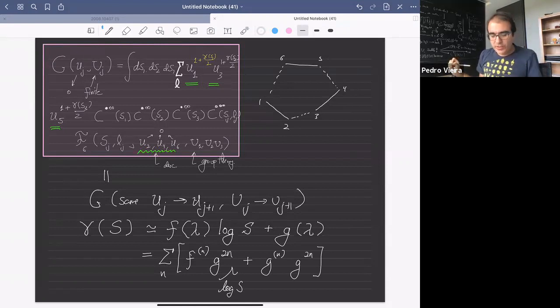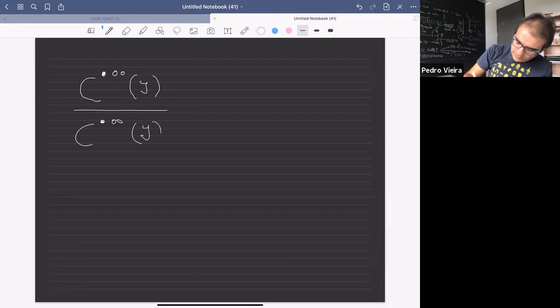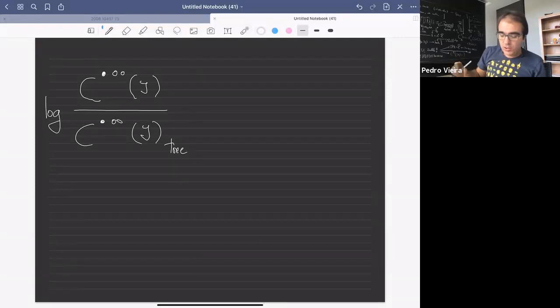Now, what about 3-point functions? What do we see in perturbation theory and what do we know? For example, for this guy with one big spin, if I divide by the same object at tree level, and for simplicity, let me take the log of this object, we know it also has these logs.